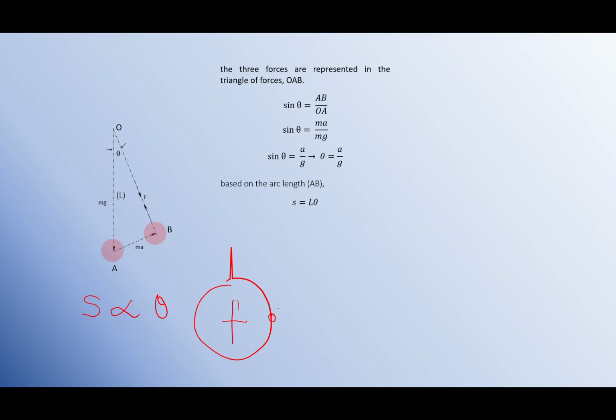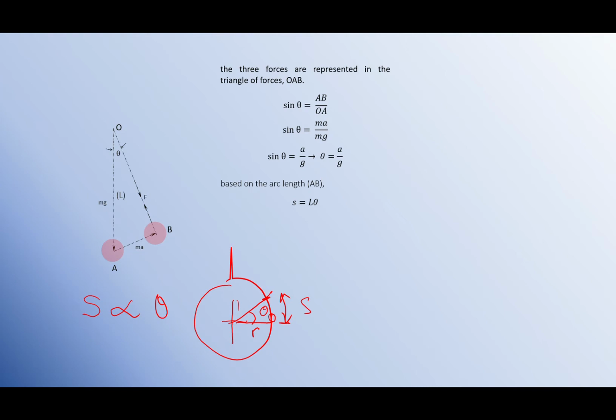From this position to this position, you have this as r, but in this case we have length L. So when it is displaced by an angle theta, the arc length S is directly proportional to the angle theta.